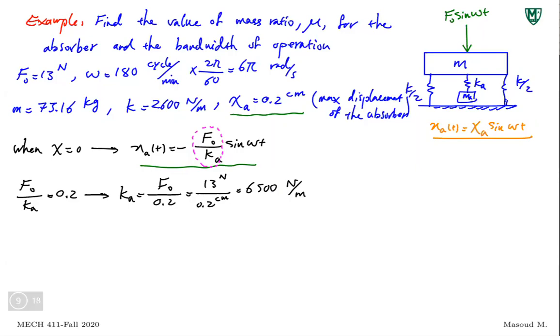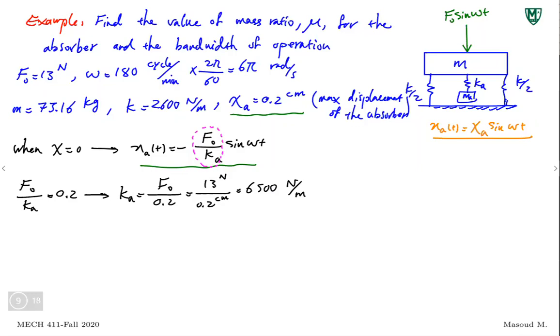Right? The stiffness that the absorber needs to have to be able to absorb the vibration for a primary structure under this excitation force. So we're designing the absorber, right? We found Ka. Now let's find Ma.